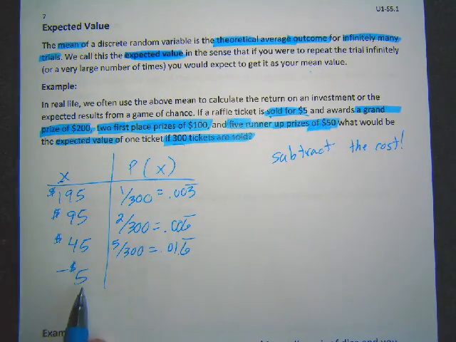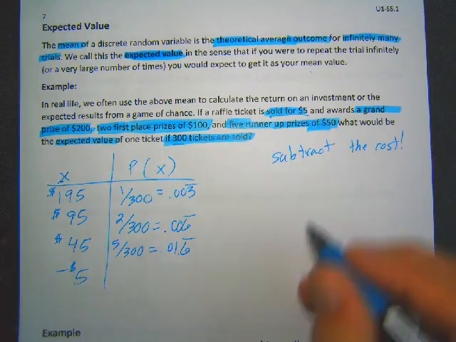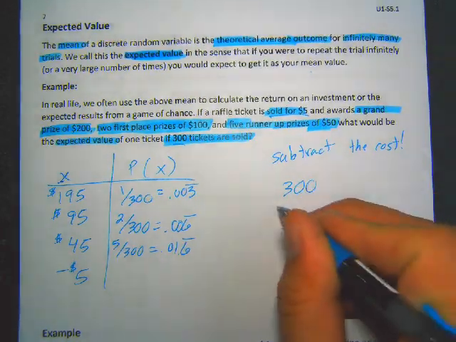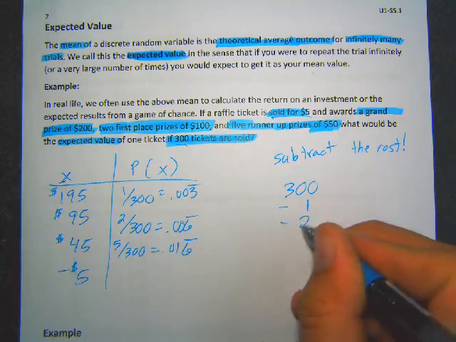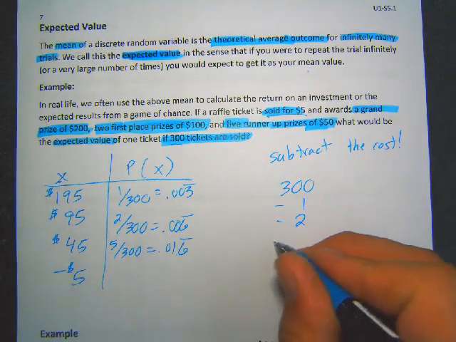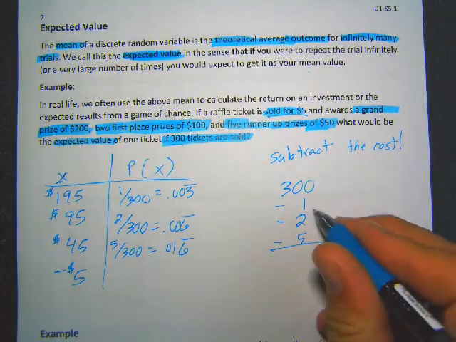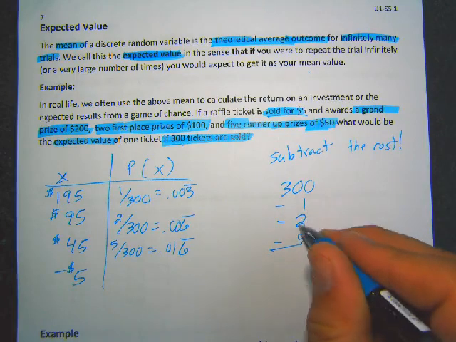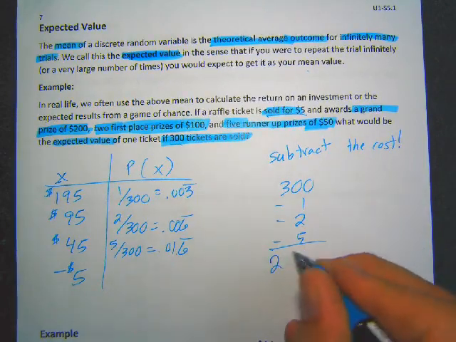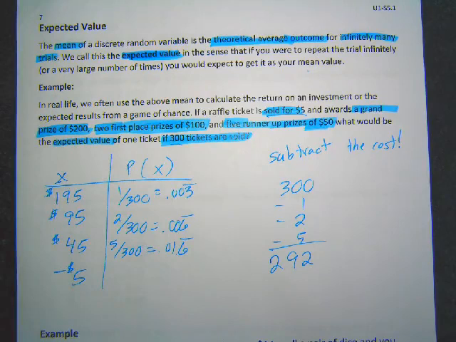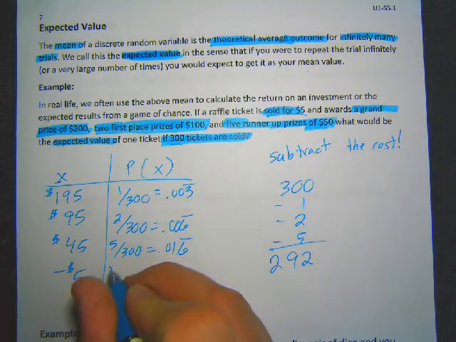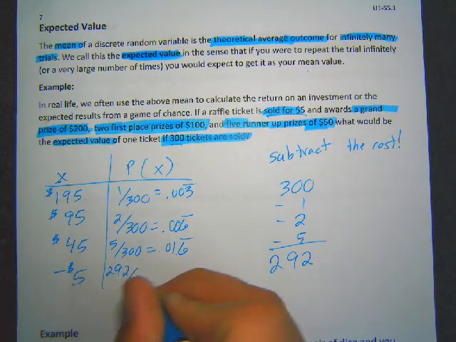Now that's not everybody because we had those people that already won tickets. So when you do this one, you're not going to do that 300 out of 300. We're going to say, okay, how many people lost? Well, if I take 300 and I take away the 1 grand prize winner and the 2 first place prize winners and the 5 runner-up winners, take away 8, I'm left with 292 non-winners. That's the number of losing tickets.